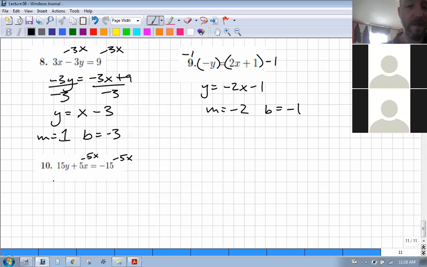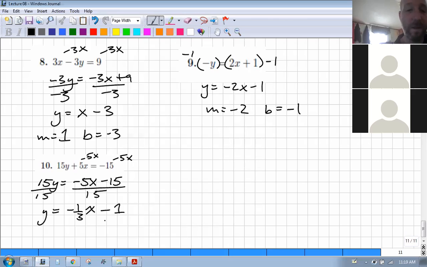So we have 15y equals negative 5x minus 15. Now divide everything by 15. We get y equals negative 5 over 15 is what? Negative 1/3. 15 over 15 is 1. So m here is negative 1/3 and b is negative 1.